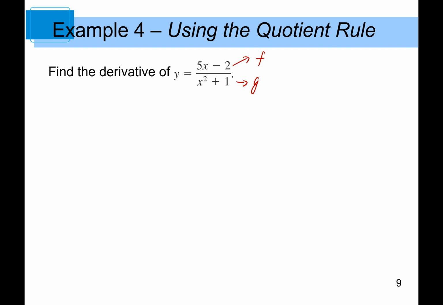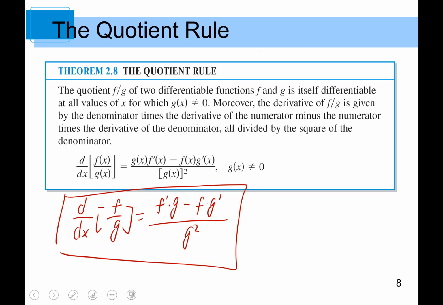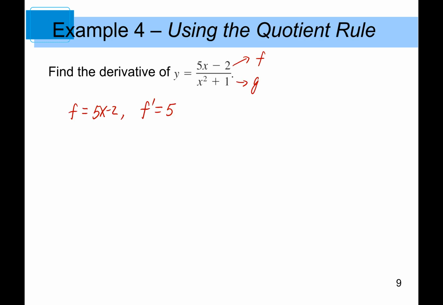Once you figure out what f, g, f prime, and g prime are, you're ready to go. So for 5x minus 2, f prime, the derivative of f: the derivative of 5x becomes 5, and the derivative of negative 2 becomes 0. So it's 5.